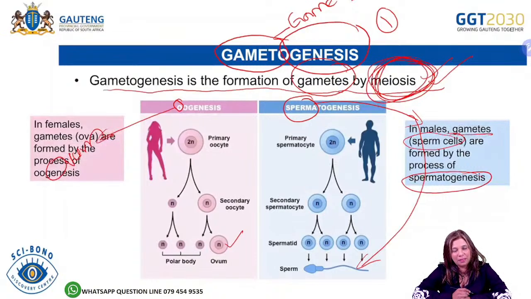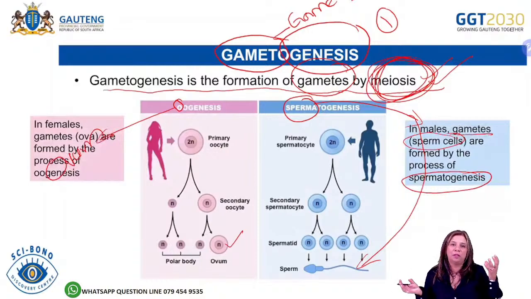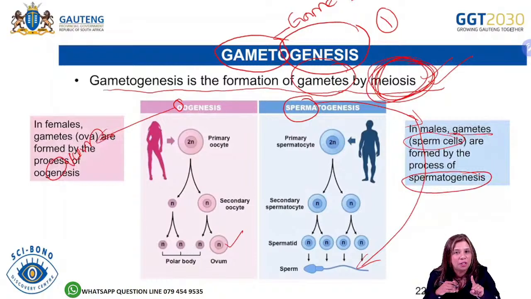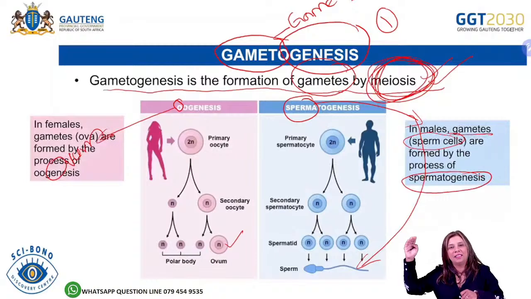In the analytical report, learners confuse meiosis with gametogenesis. As you can see from my explanation, these are two very different processes. Gametogenesis is the formation of gametes. Meiosis is a reduction division.